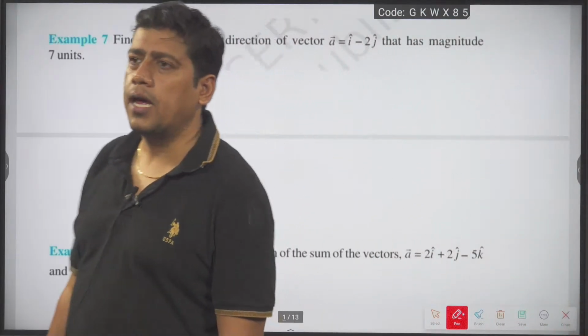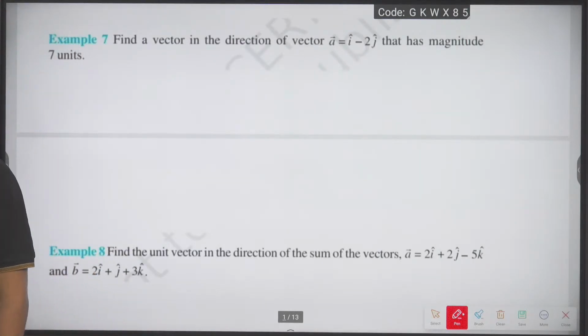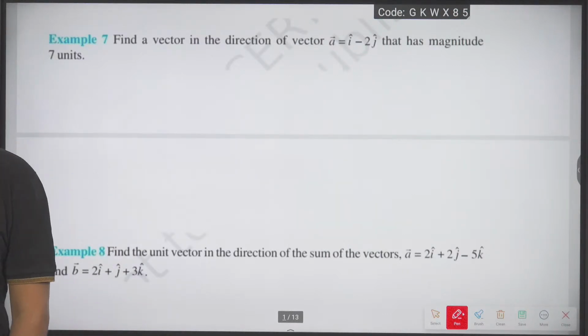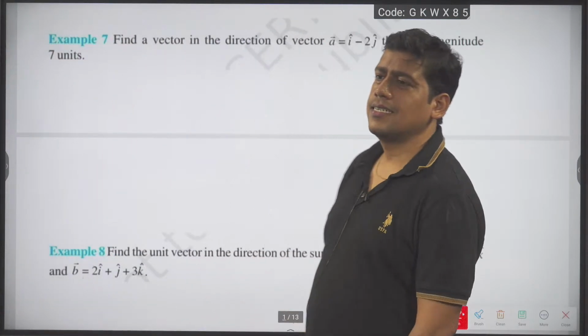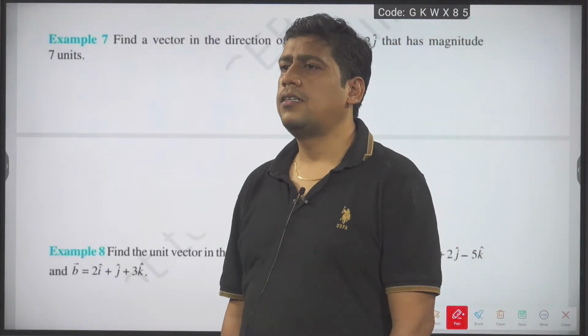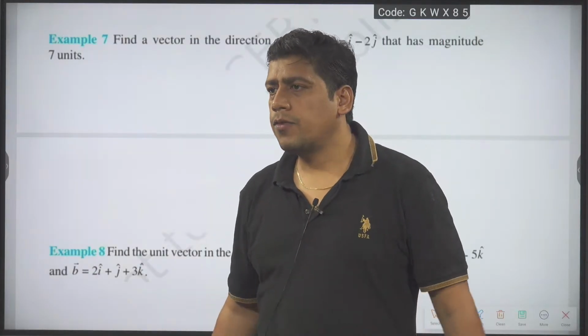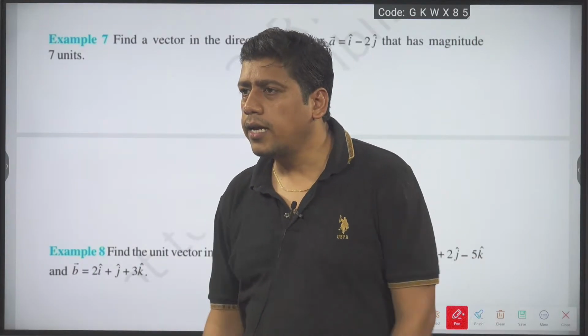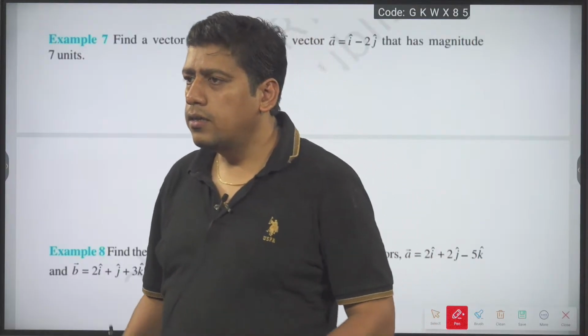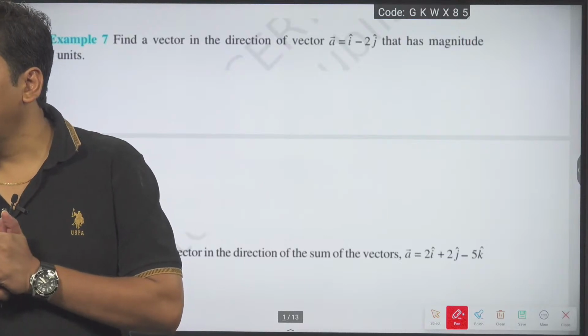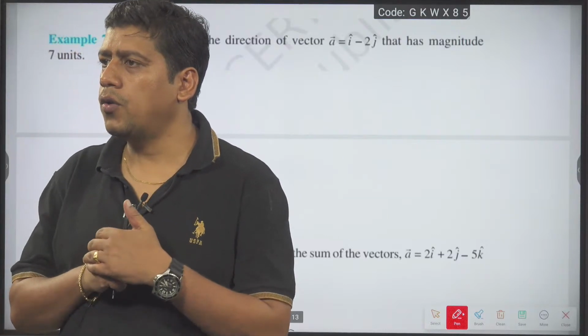Is there any Bahubali who will solve this? No, not correct. Dikshit: 7 by root 5, minus 14 by root 5.